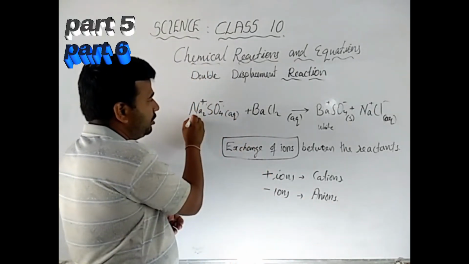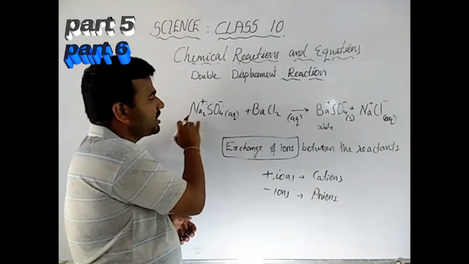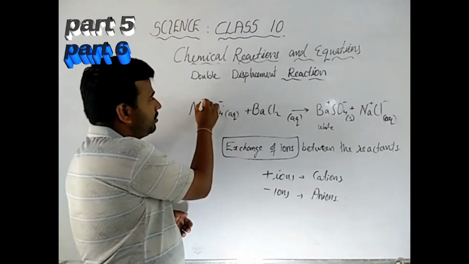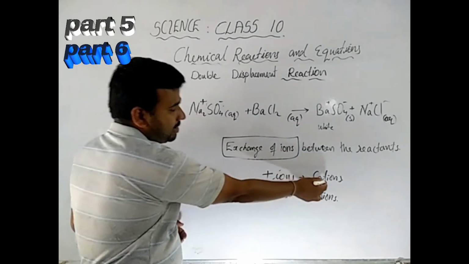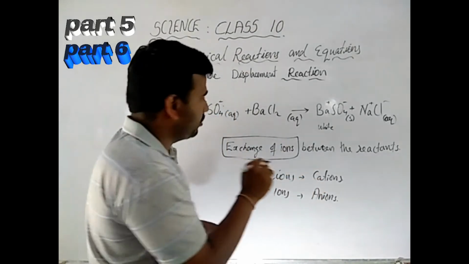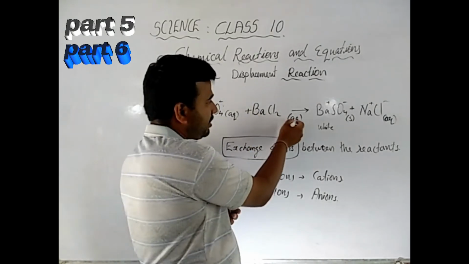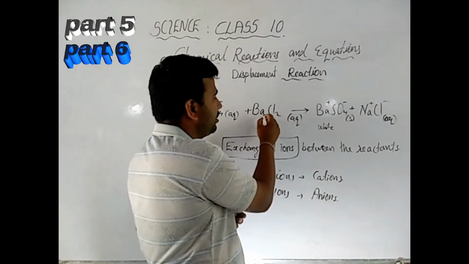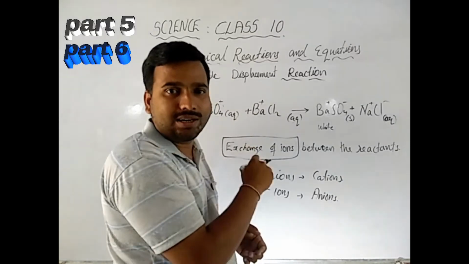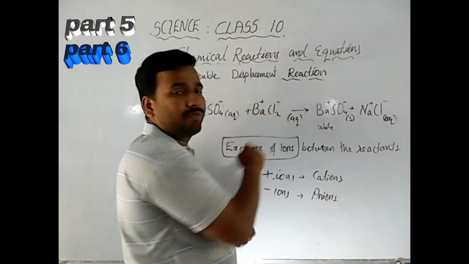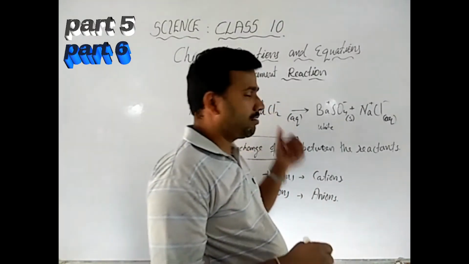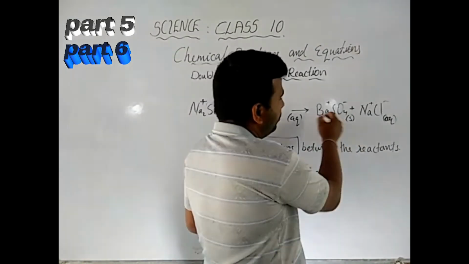Here you can see, when you look at this particular compound, sodium sulfate, sodium is a positively charged cation and sulfate is an anion. Then barium chloride, another compound. We are taking the aqueous solution of barium chloride. Barium is the metal, so barium forms a cation and chloride forms an anion.